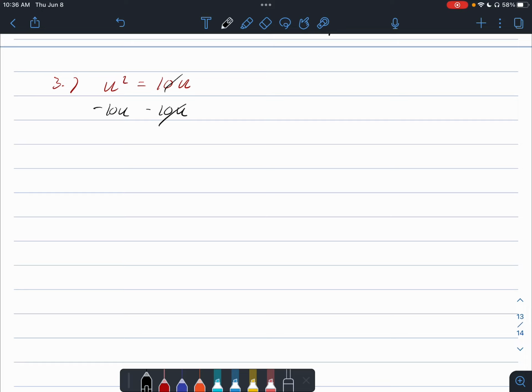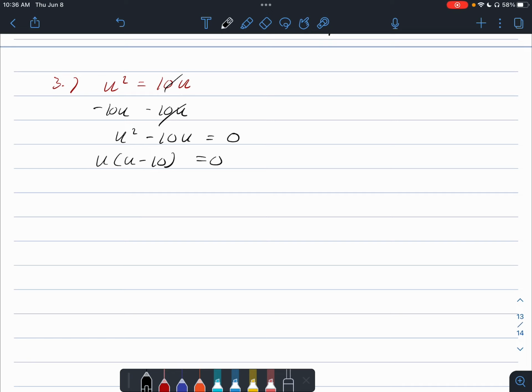Okay, these will cancel, and then now we can write this as u squared minus 10u is equal to 0. Now here, it looks like the only thing we can pull out of this equation is just a u, so let's do that. So this will become u times u minus 10 is equal to 0.